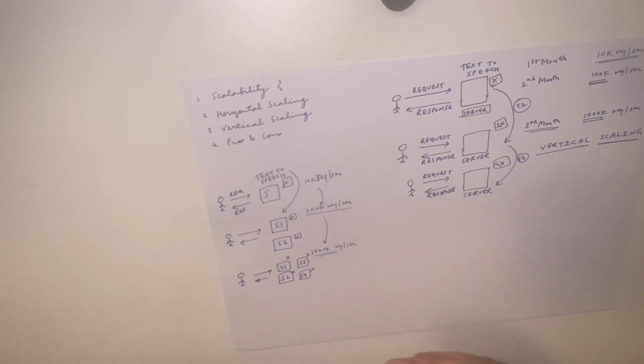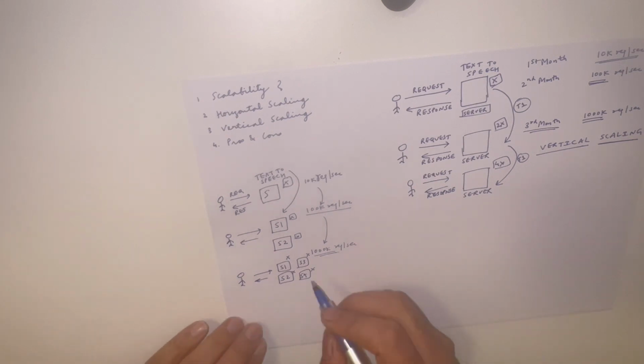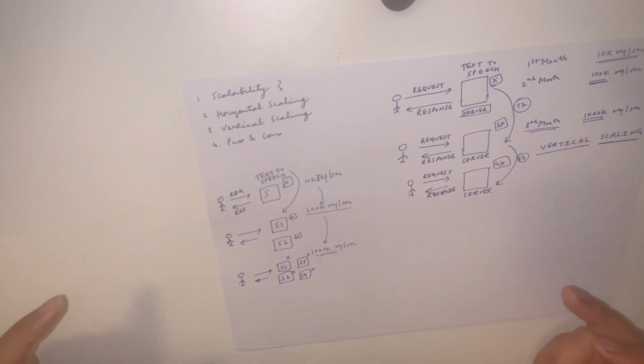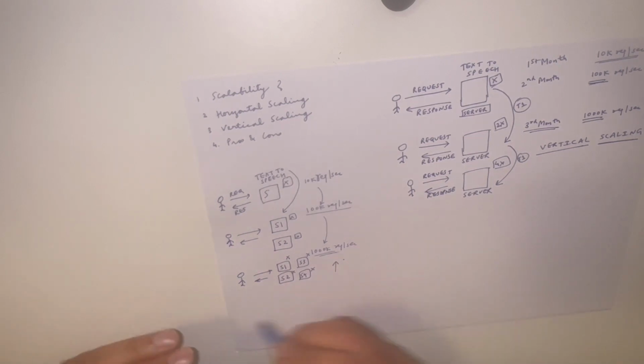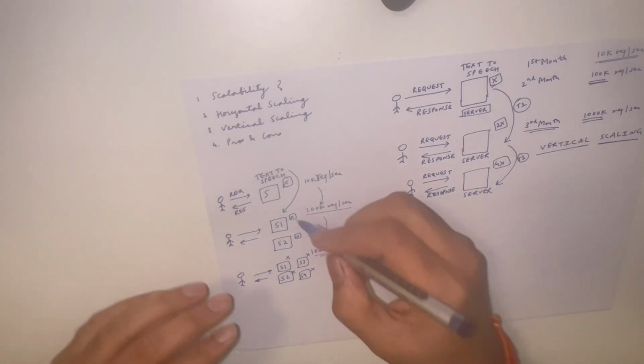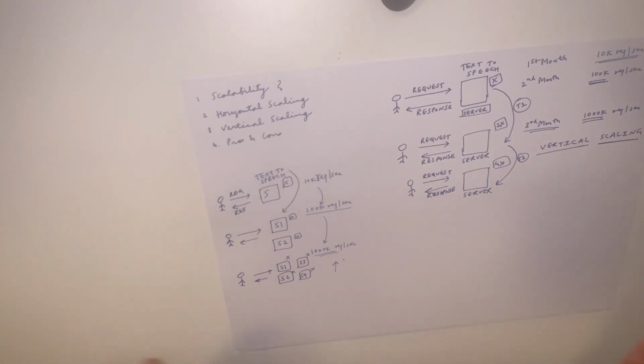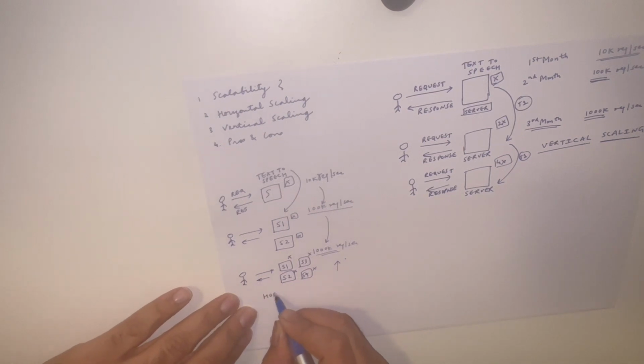So without having any need to buy a bigger machine, you are able to solve for scalability. You are able to scale your service well by just adding additional servers to the existing cluster. If your traffic goes up, you can keep on adding more servers. It's just a matter of procuring more servers with the same configuration. There's no need to buy a bigger machine. This approach of adding more and more servers to your existing cluster of servers where your service is running is known as horizontal scaling.